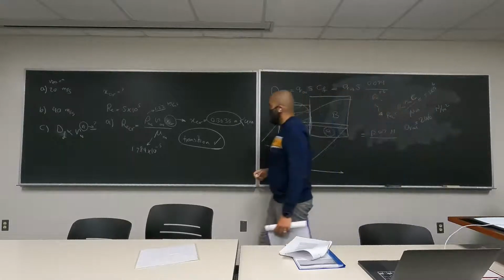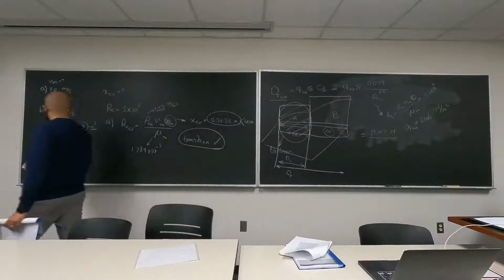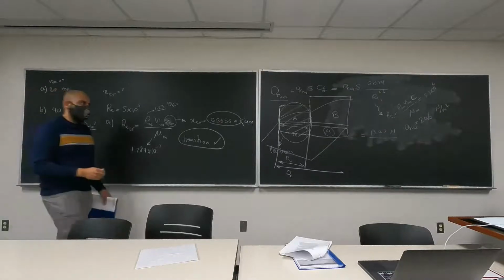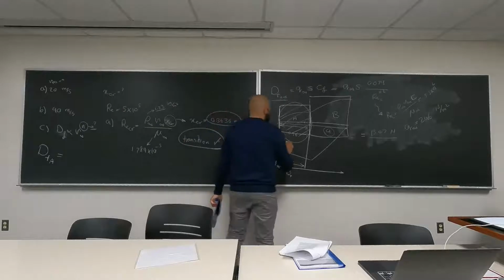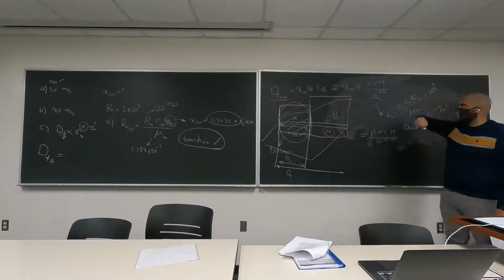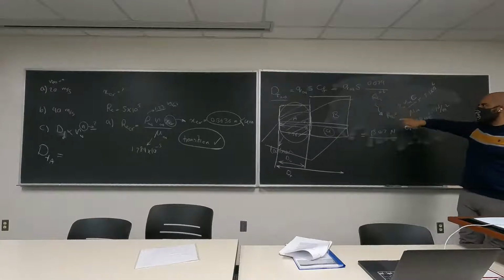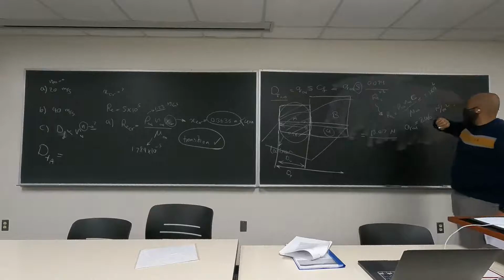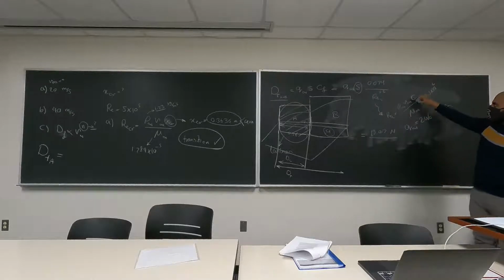So let's do that. We are looking for, and this is still part A, the turbulent drag of section A of the plate, right? Everything here is going to be the same except for the Reynolds number. Essentially, not everything. S is going to be different as well. Reynolds number is a function of chord length.